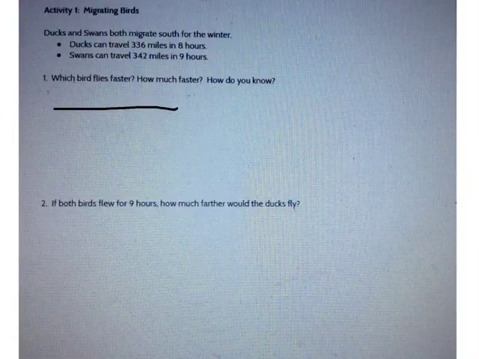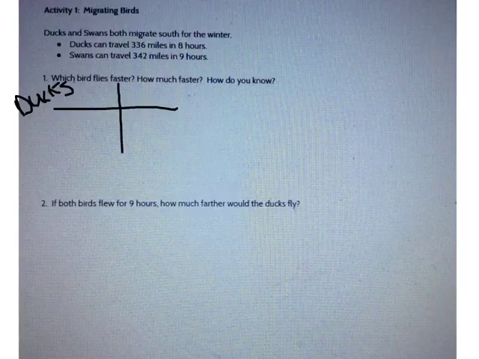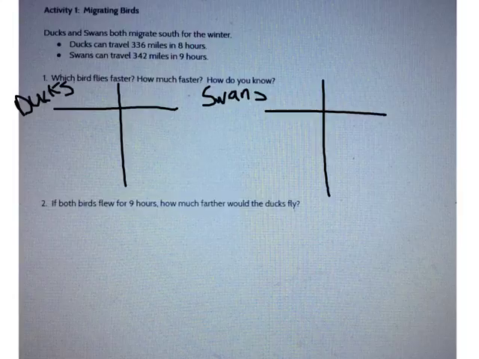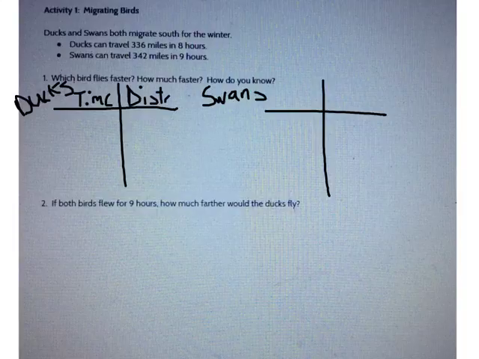We can make a table to help us answer each one. Go ahead and make a table for ducks and a table for swans. For each table, we need to put the time in hours and the distance in miles.